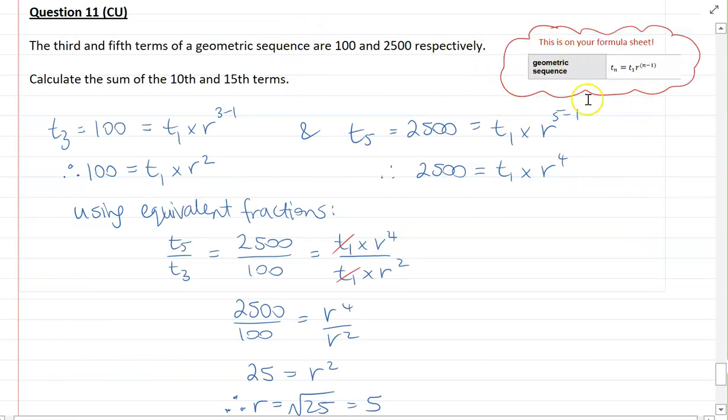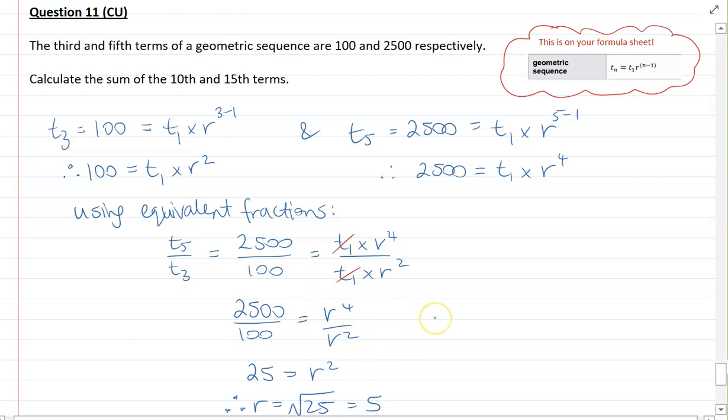Okay, so knowing our geometric sequence rule, knowing that my third term is 100, I substituted those values into my formula, and my fifth term was 2500, substituted those values into the formula, and that gives me two equations where I don't know the value of my first term or my common ratio R. So this is where I can use equivalent fractions or simultaneous equations to solve for T1 and my common ratio R. If I set up my equivalent fractions, that means I can now solve for my common ratio R value.